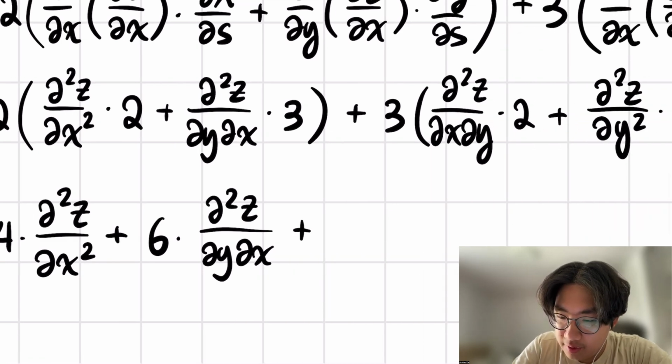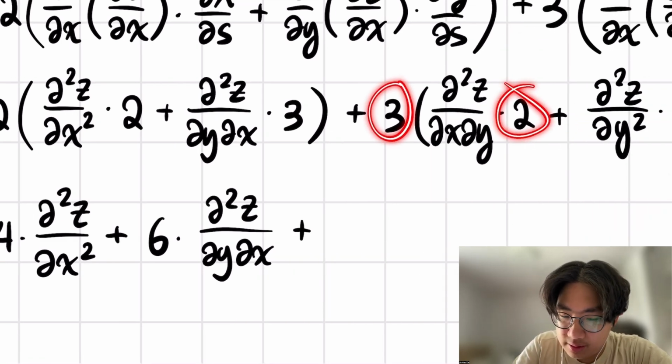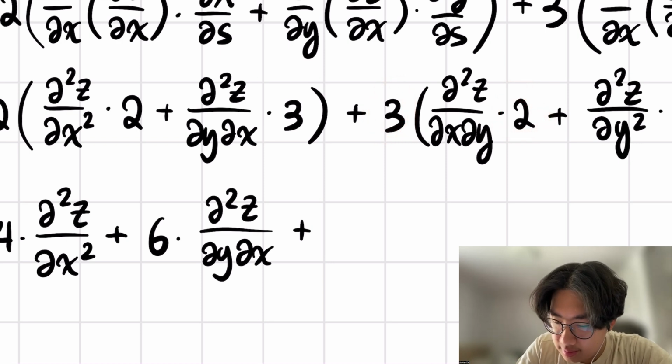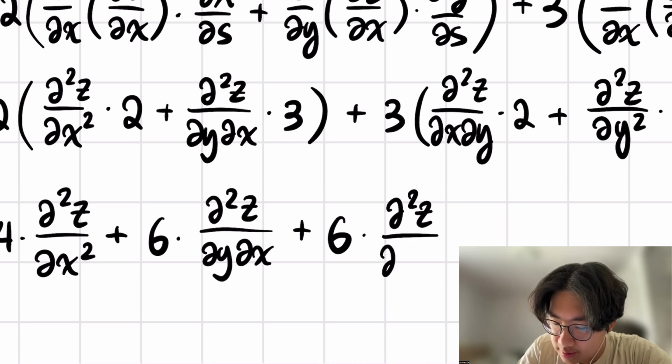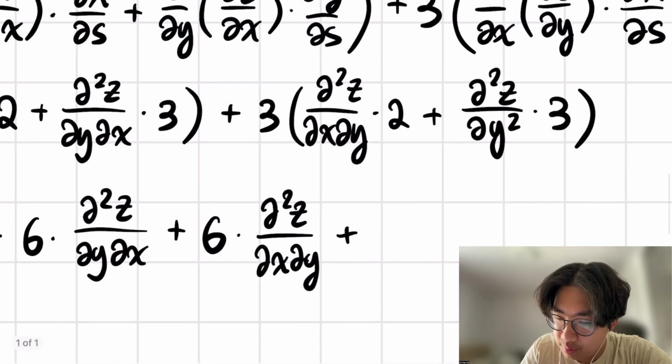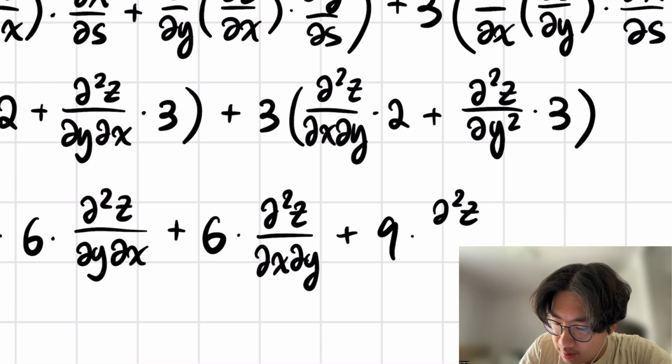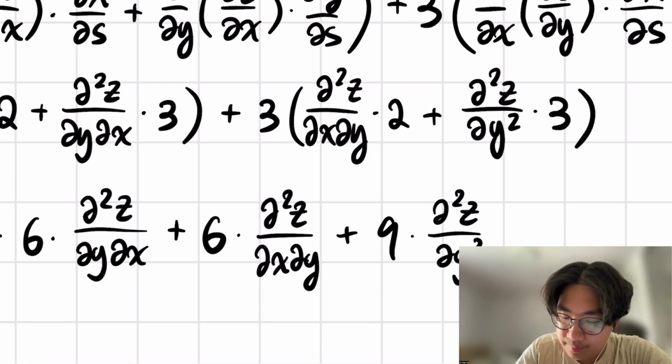And then here we have 3 distributed into here. So 3 times 2 is 6. So plus 6 times partial squared z over partial x, partial y. And then 3 times 3 is 9. So plus 9 times partial squared z all over partial y squared.